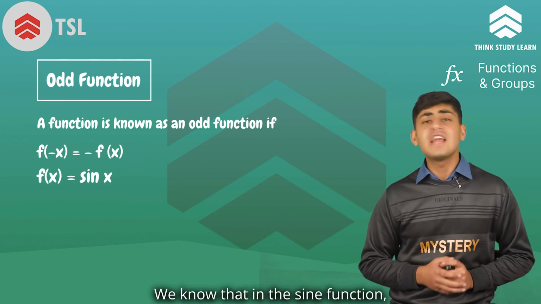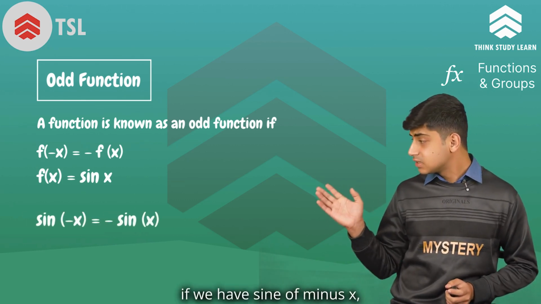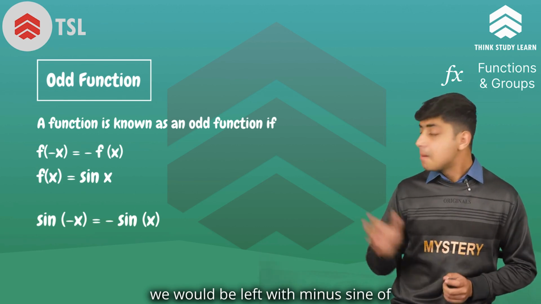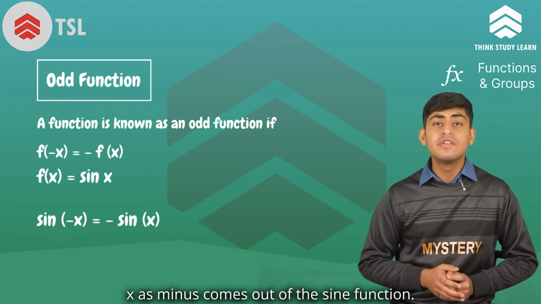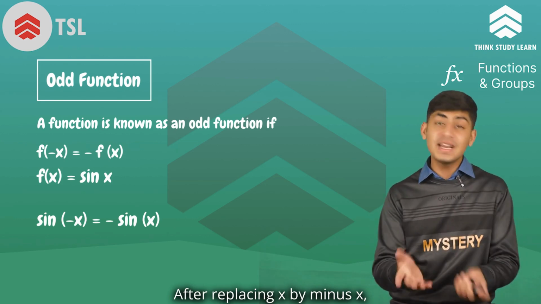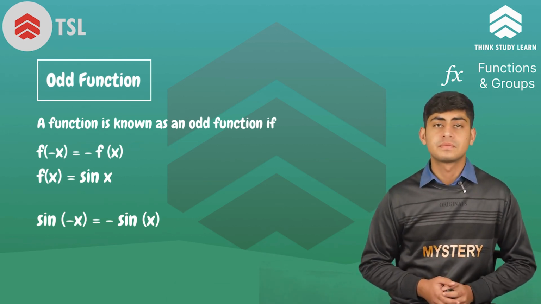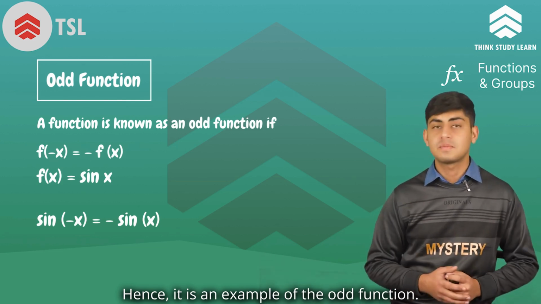We know that in the sine function, if we have sine of minus x, we would be left with minus sine of x as minus comes out of the sine function. After replacing x by minus x, of course. Hence, it is an example of the odd function.